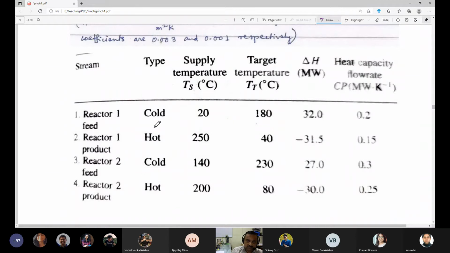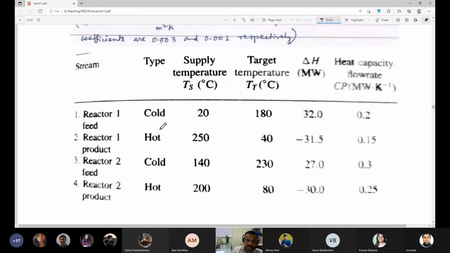Now, if I look at this schematic once again, I have reactor one feed, reactor one product, reactor two feed, reactor two product. So I can separate these streams as cold streams and hot streams.